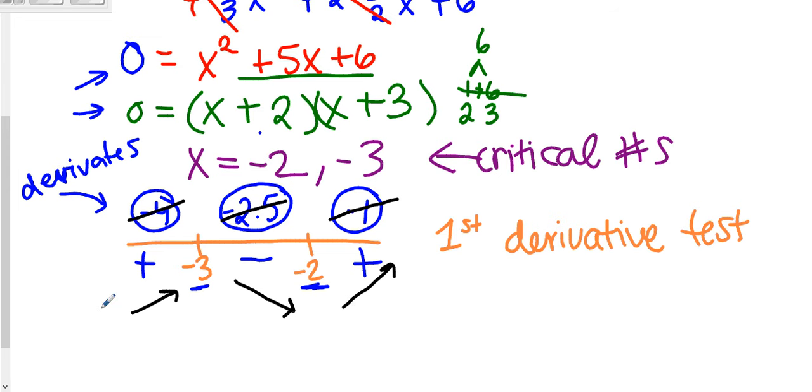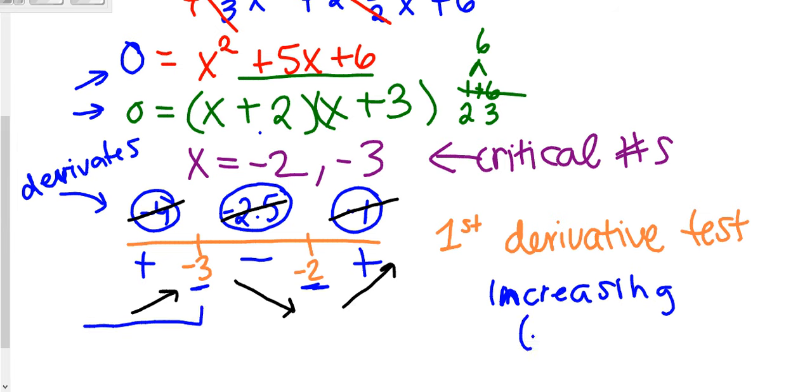So I would suggest you be careful about how you draw your arrows too, because sometimes mistakes can be made if you're drawing your arrows in a different spot or whatever it is you're doing. So when I look at this, I can get my increasing and decreasing intervals. Increasing. My function is increasing from negative infinity to negative 3.